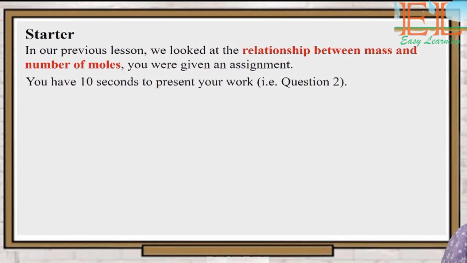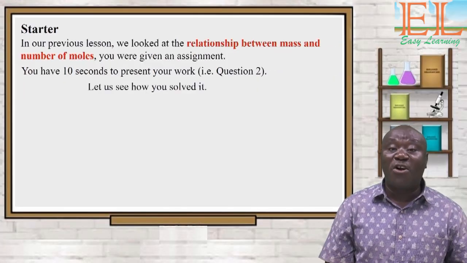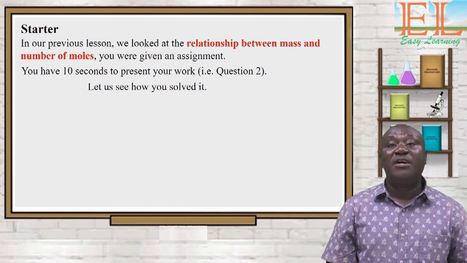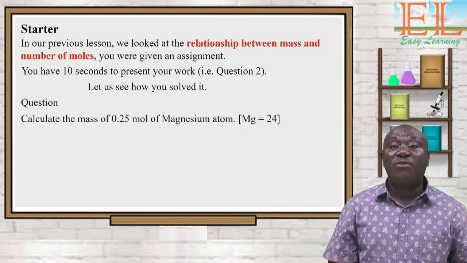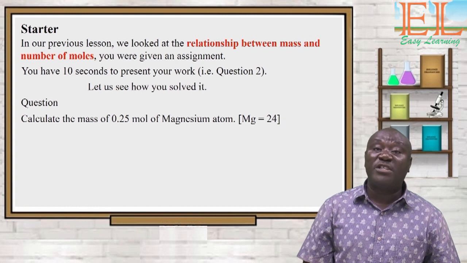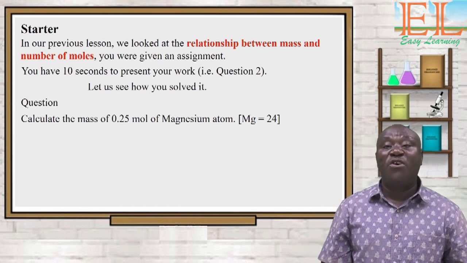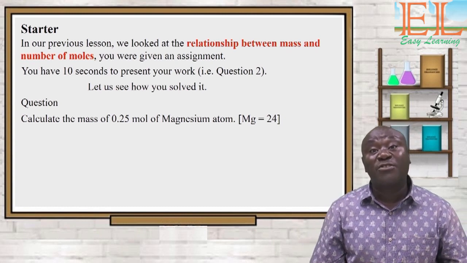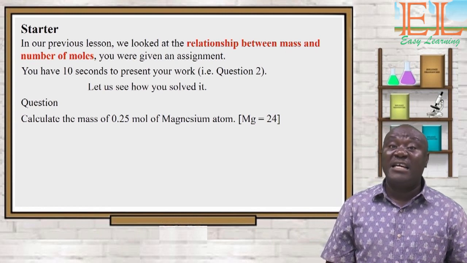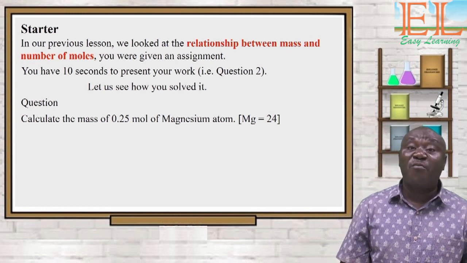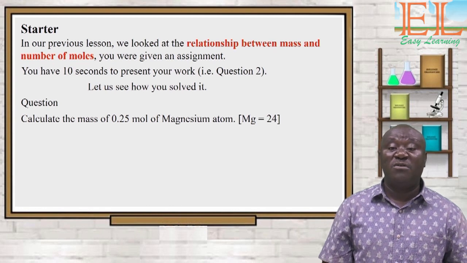Welcome back. Let us see how you solve it. The question was, calculate the mass of 0.25 moles of magnesium atoms, given that the relative atomic mass of magnesium is 24.